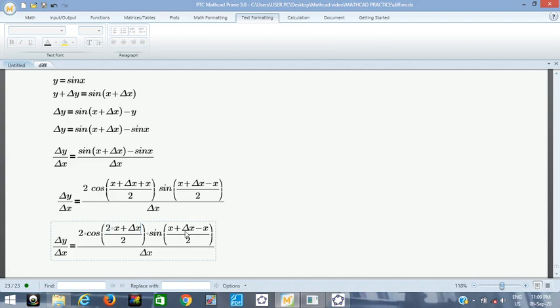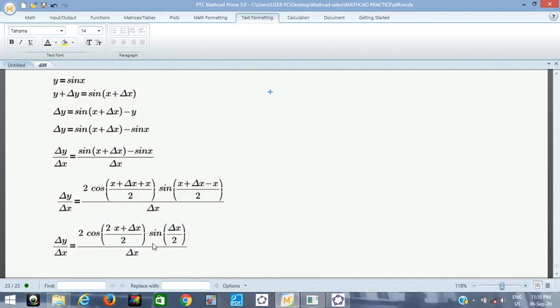Then x minus x here is 0. They are like terms, so we are not going to have any x here. So that is that.